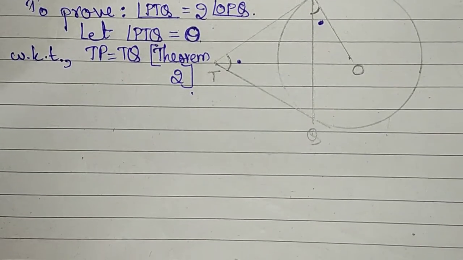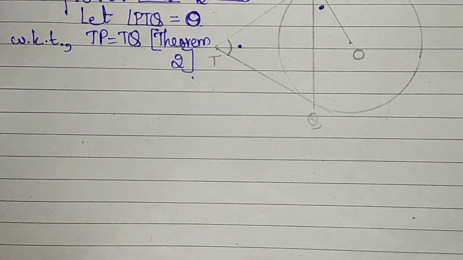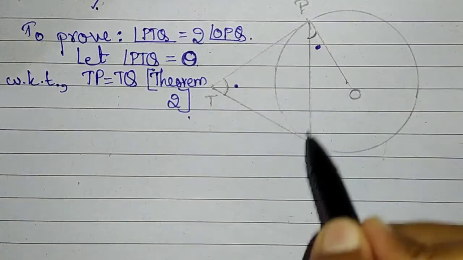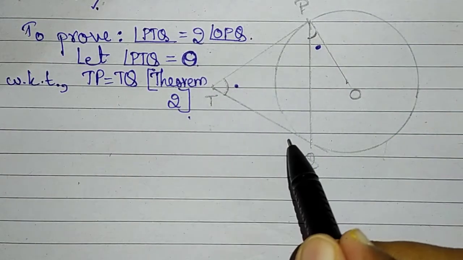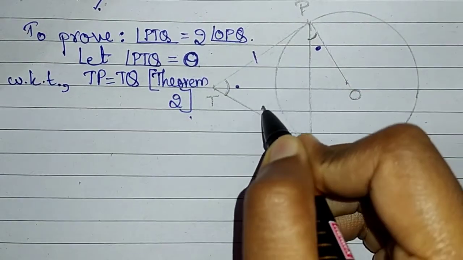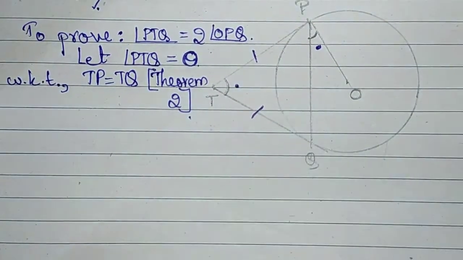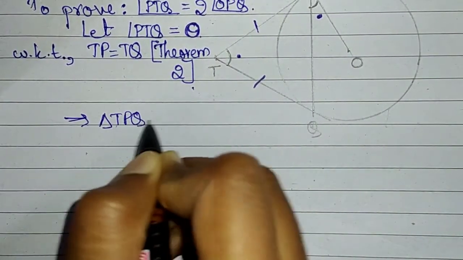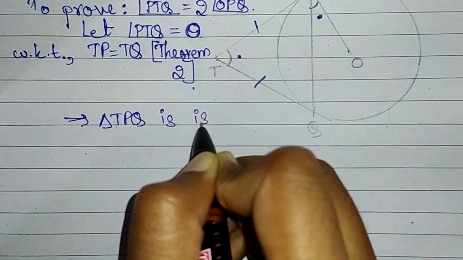Alright. So now consider triangle TPQ. TP is equal to TQ, that means TPQ is an isosceles triangle. Mark them like this. This implies triangle TPQ is isosceles.